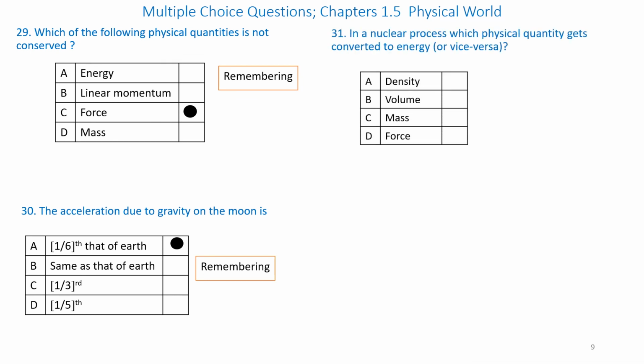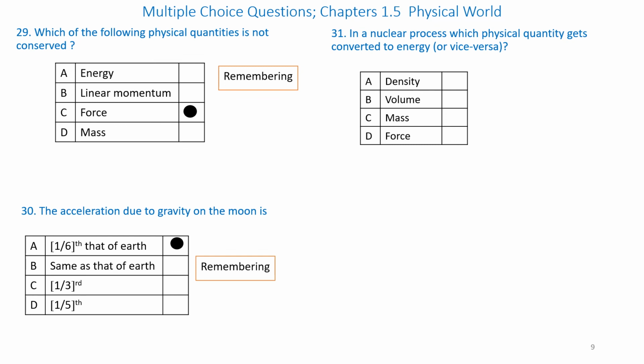Next question. Question number 31. In a nuclear process, which physical quantity gets converted to energy or vice versa? Four choices are given: density, volume, mass, D force.